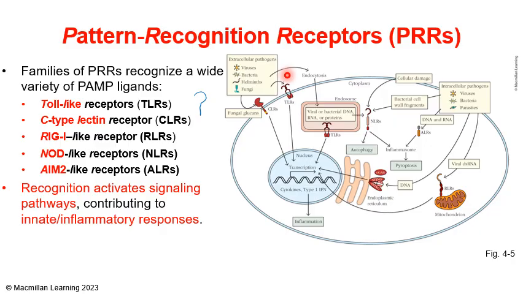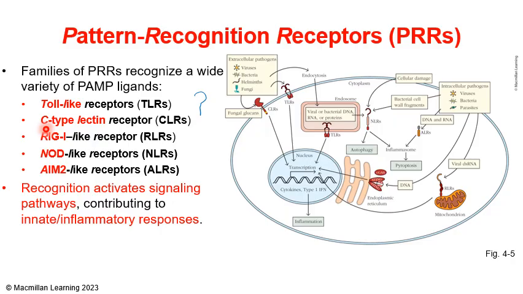They can detect viruses, bacteria, and fungi, all sorts of things. And once they are activated, they induce phagocytosis of whatever they interacted with. Okay, so they induce phagocytosis and further intracellular responses to eliminate that pathogen.